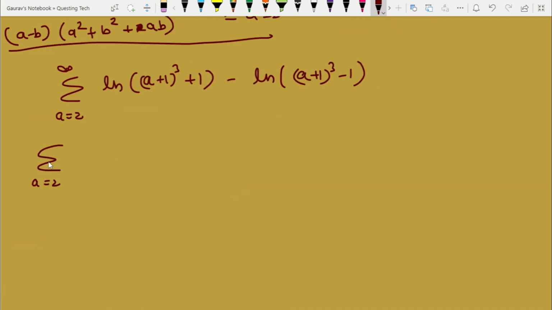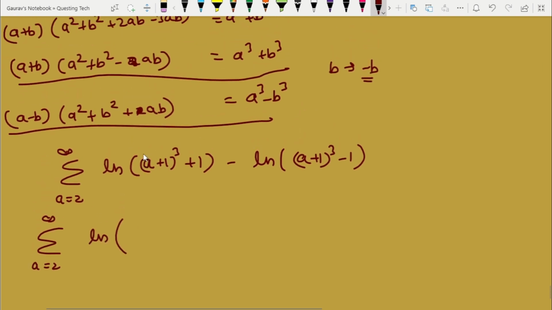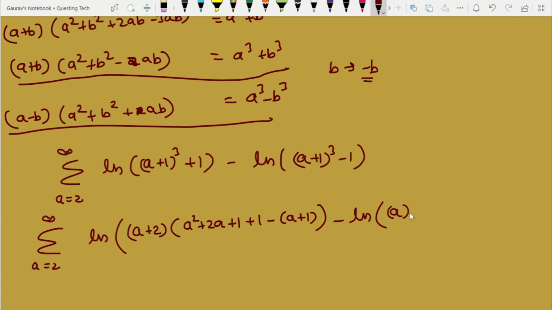So can we write this as ln of, what is the formula? (a plus 1) plus 1, so it is a plus 2. And this is multiplied by (a plus 1) square, so a square plus 2a plus 1, plus b square, which is 1, minus a multiplied by b. It is this minus ln (a plus 1) cube minus 1, so it is (a plus 1) minus 1, which comes out to be a.